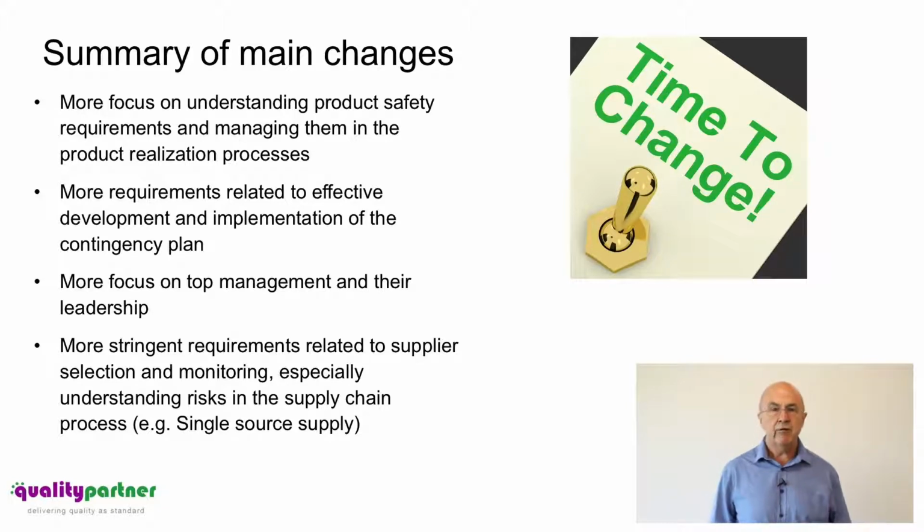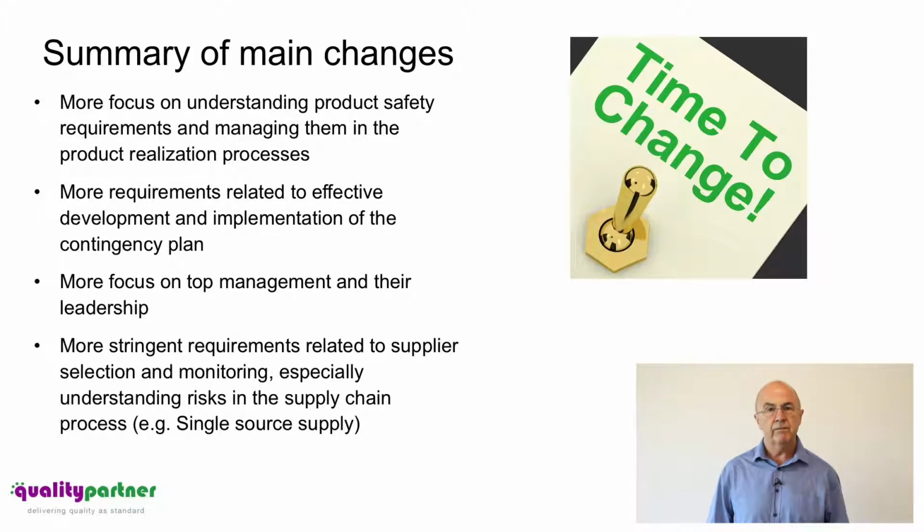I think what IATF have found is that even though an organisation has got a contingency plan, they still see production disruptions caused by organisations within the automotive supply chain. So this is a chance for organisations to go back to their contingency plan and make sure that it is a live document, is developed by a multidisciplinary team, and that the contingency plan supports 100% on-time delivery to the customer.